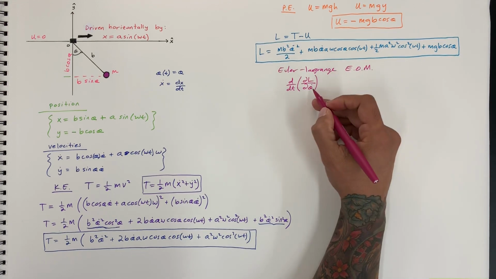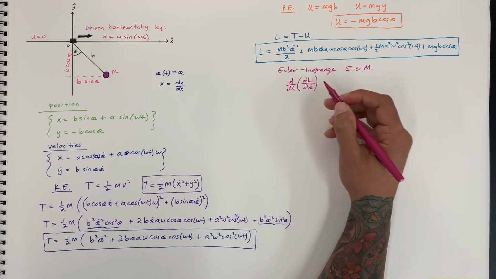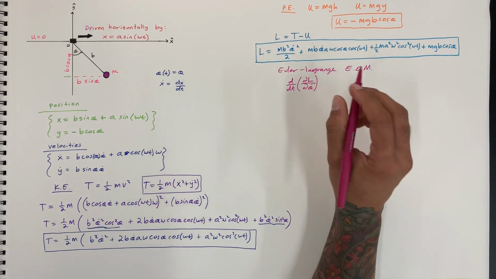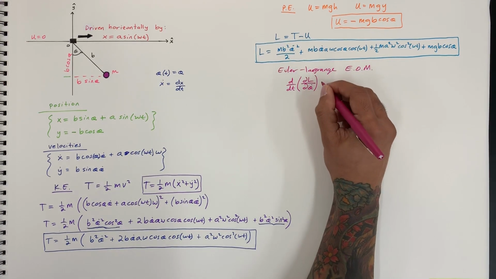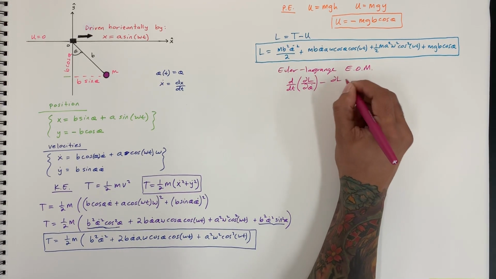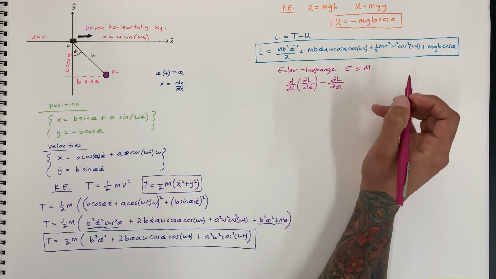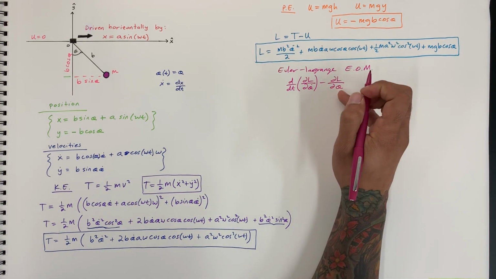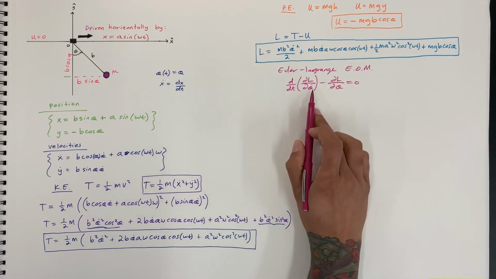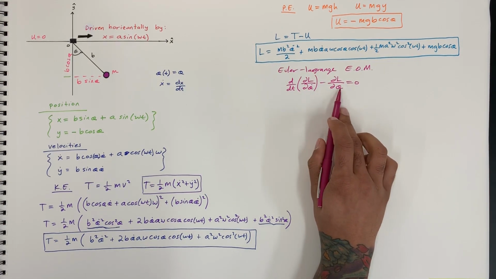Okay, theta is a function of time, so that's what we're interested in. And then we have minus the partial of the Lagrangian with respect to theta by itself. Okay, so here's theta dot, and here's theta by itself.